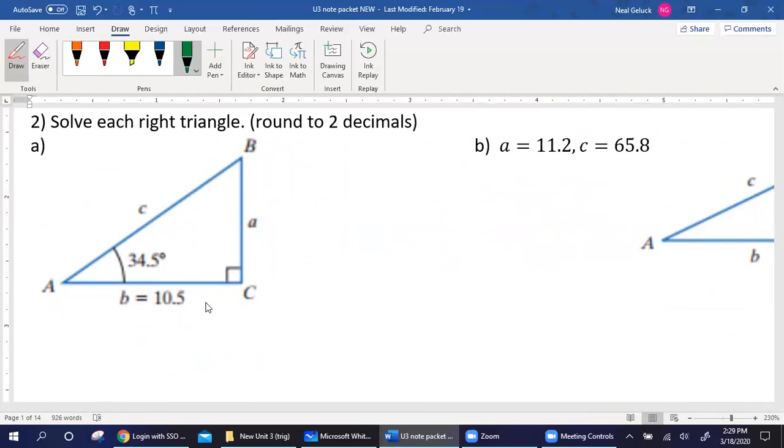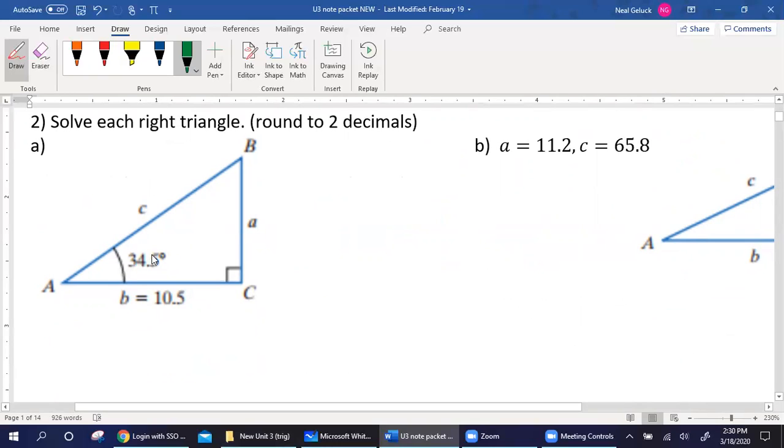On the next couple problems, we are solving the right triangle. On these, this is basically asking for all the information. Basically, whatever's not told to me, I find out. So these are basically going to always come out one of two ways.